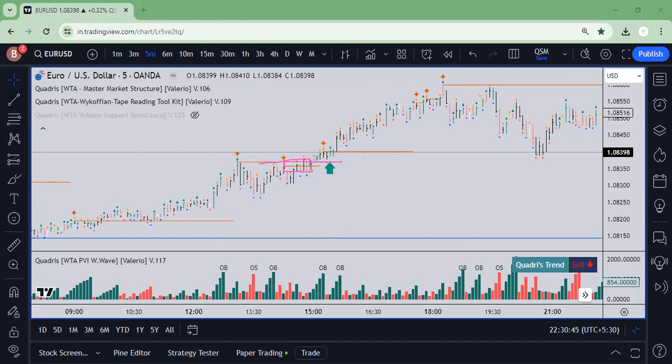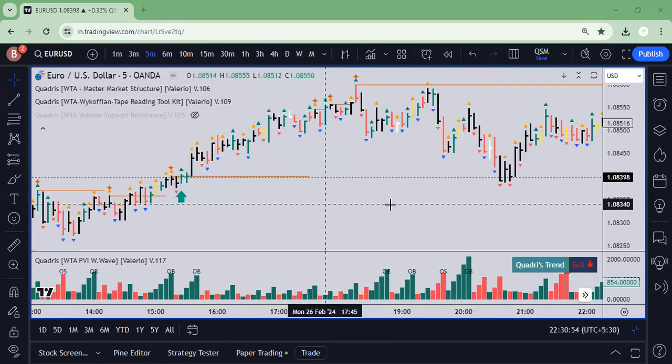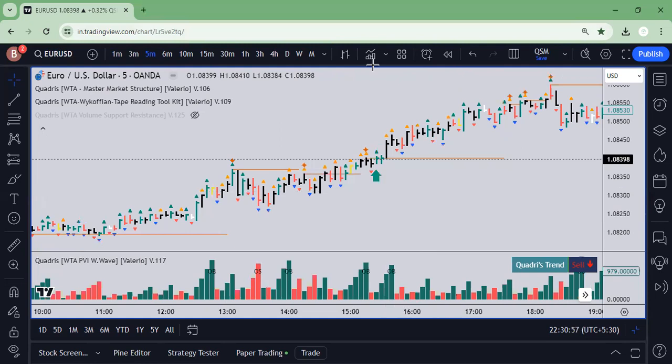And after absorption, we have a successful breakout, and this particular bar, I'll zoom in so that you will be able to see exactly what I'm trying to explain. This particular bar has eaten away all the supply, and this was like a feather's weight kind of thing taking shape over here.